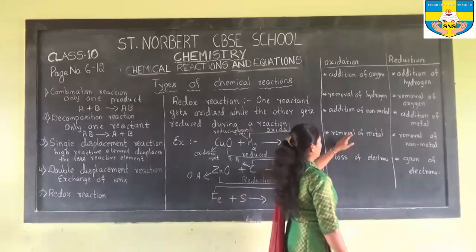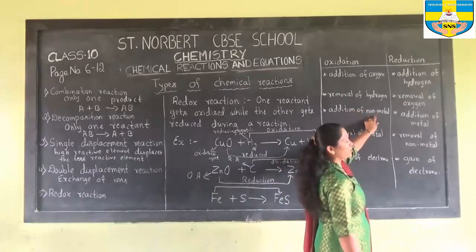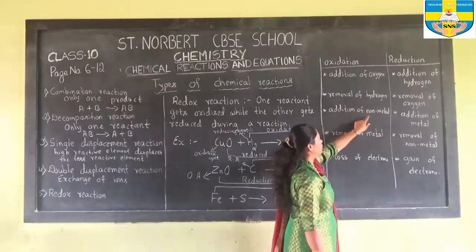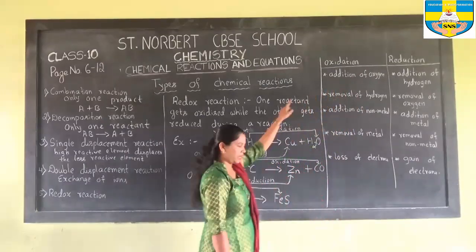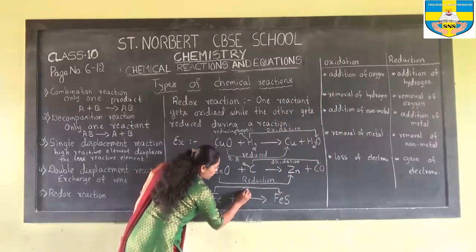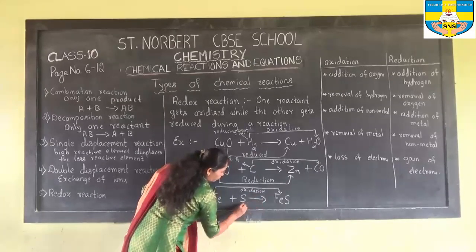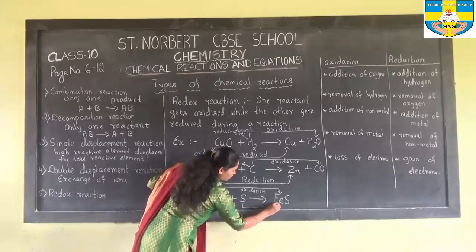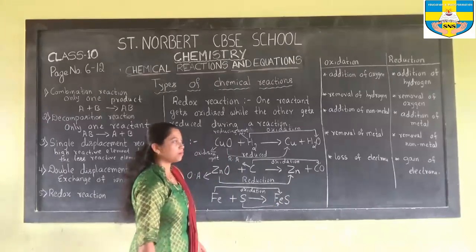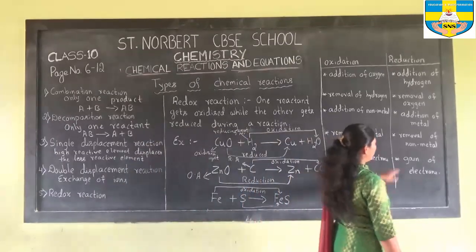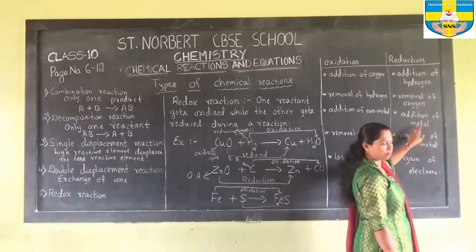Now check in the table. Addition of non-metal is oxidation. So this is oxidation. Now for the sulfur, there is an addition of metal.